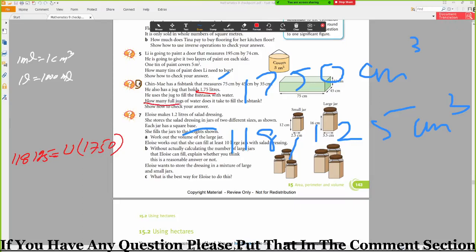How many full jugs of water does it take to fill the tank? So you need to find u. So u के लिए क्या करना है, you will divide this by 1750. So this will be cancelled by this. Your u will be equal to 118,125 divided by 1750.